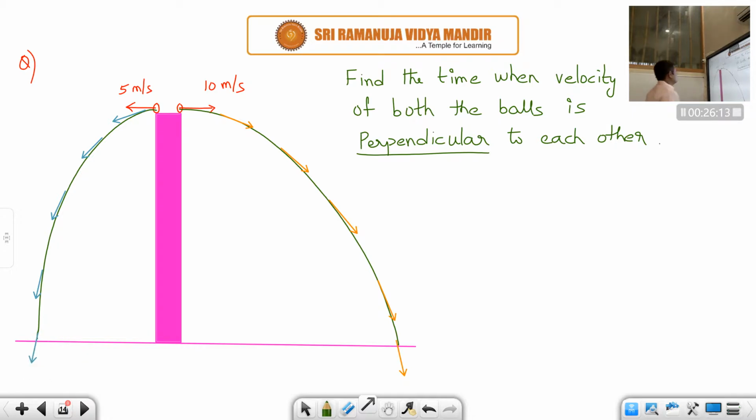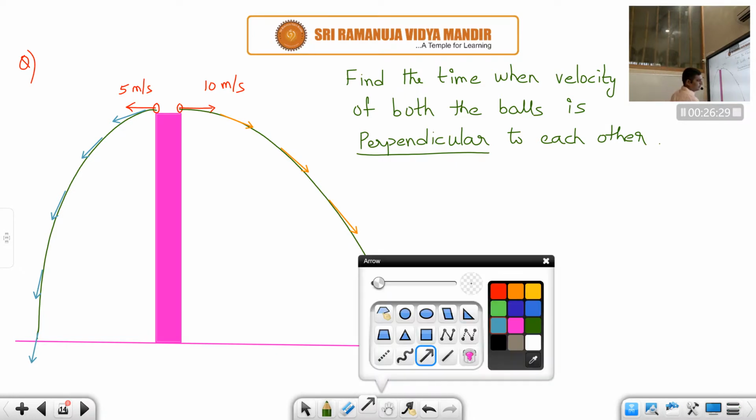Okay, students. So now if you see, there will be somewhere where the velocity of the 10 meters per second ball and the velocity of the 5 meters per second ball will be perpendicular to each other, correct or not? They will be perpendicular to each other.